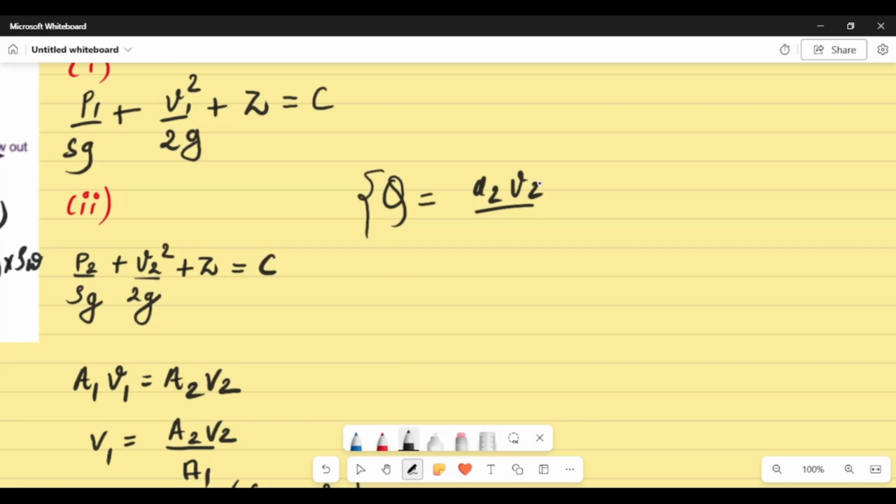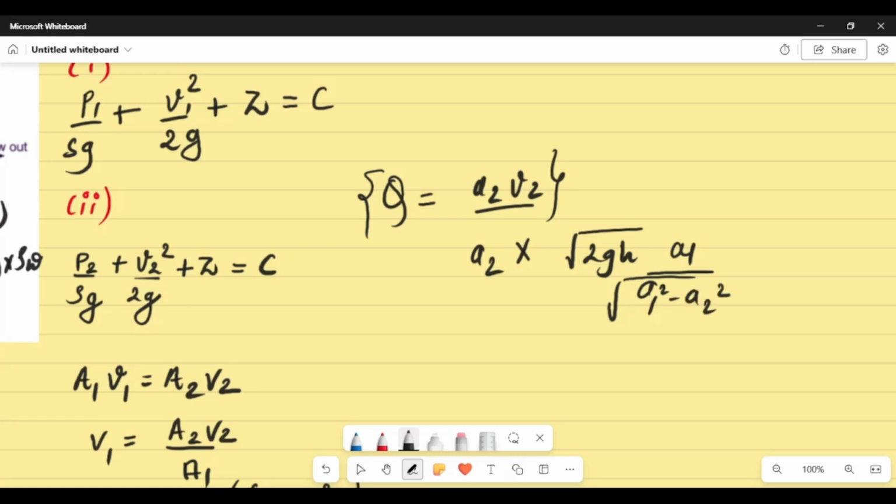Now this flow rate can be written by replacing the value of V2: A2 times root under 2gh times A1, divided by root under A1 square minus A2 square. Then we can write this as the flow rate.